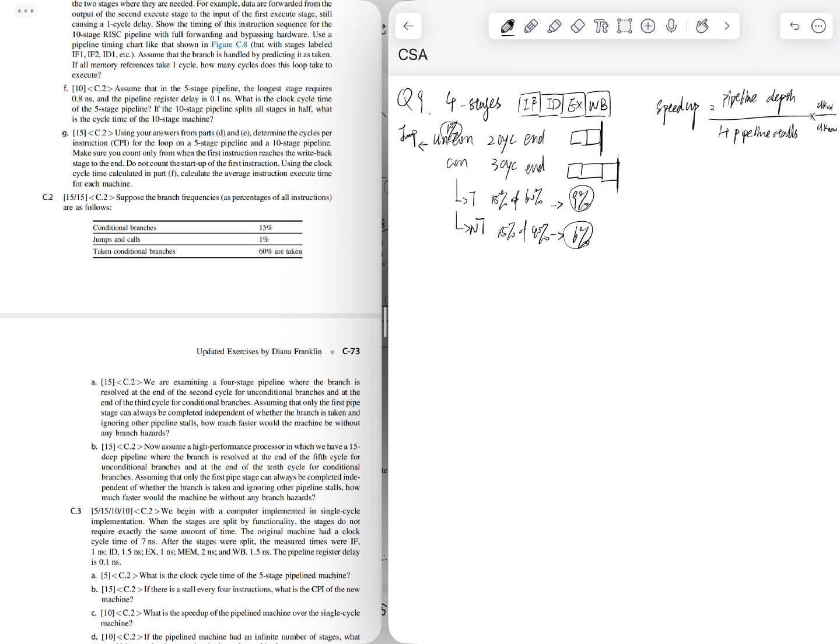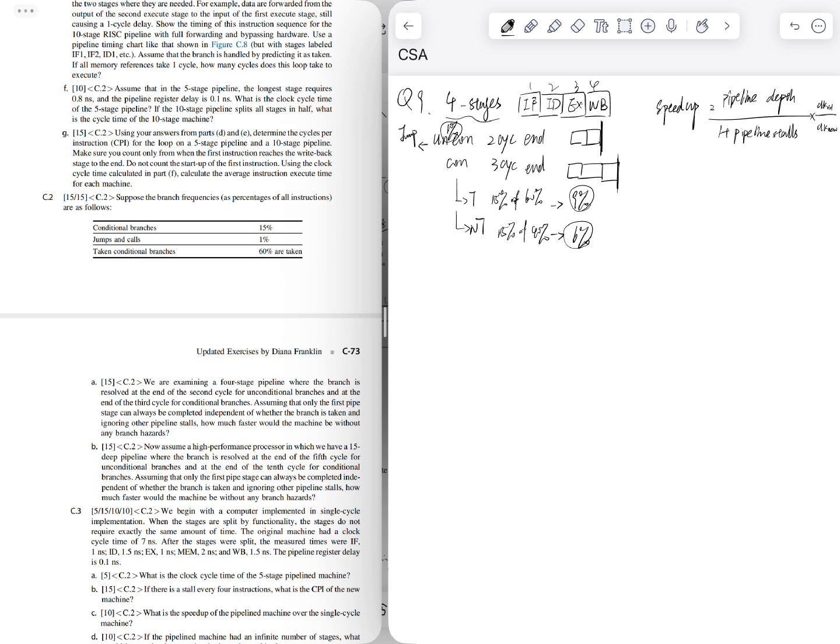So let's go through the question. We can see here is a 4-stage pipeline. 4-stage means one instruction will take 4 cycles to be completely executed or finished, ideally.